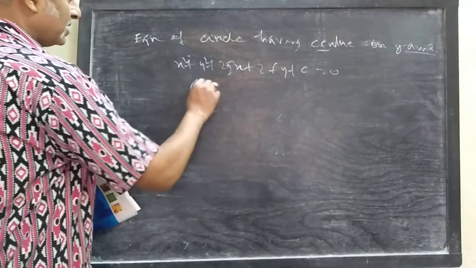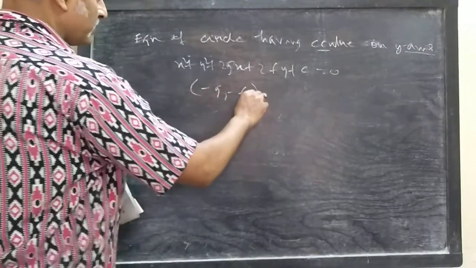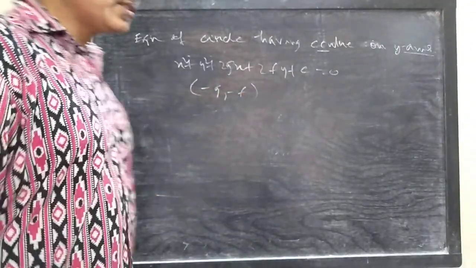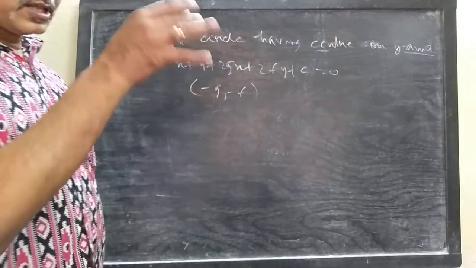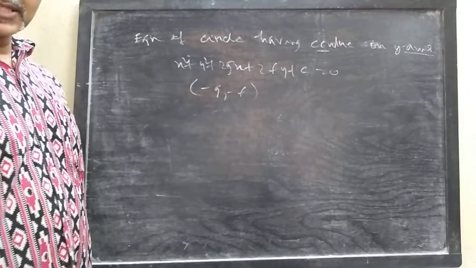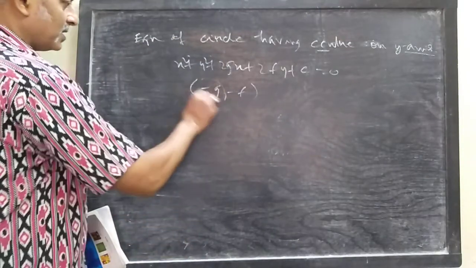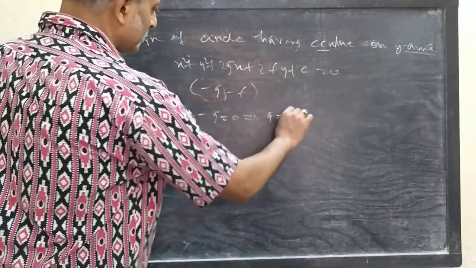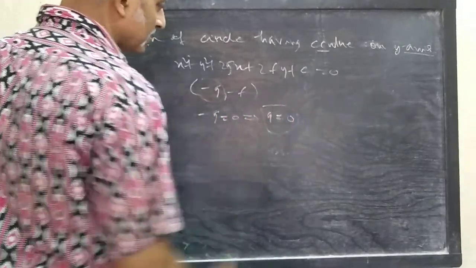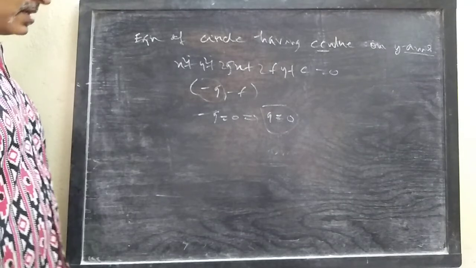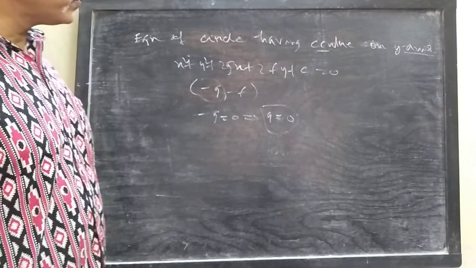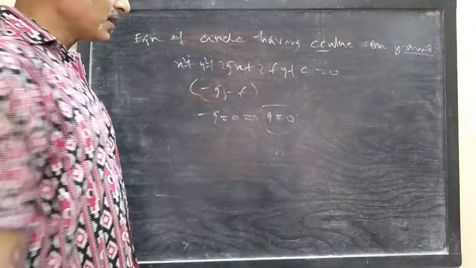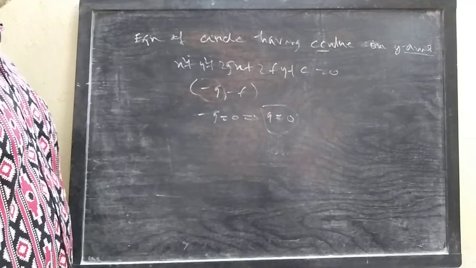Its center is at the point minus g, minus f. Now when center lies on y-axis, we know all the points lying on y-axis have their abscissa as 0. Here abscissa of the center is minus g, so you must have minus g equals 0, that is g equals 0. This is the condition for this circle to have its center on y-axis.